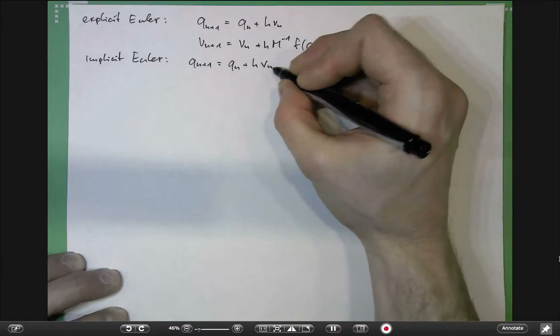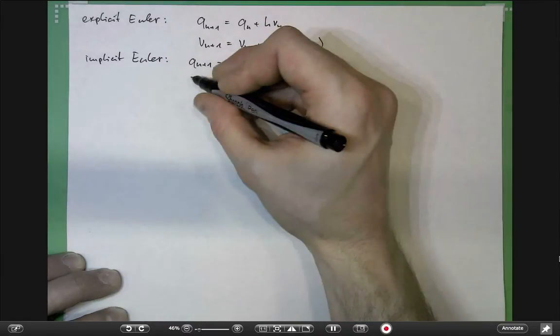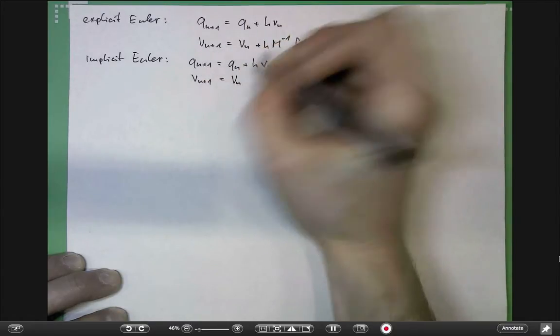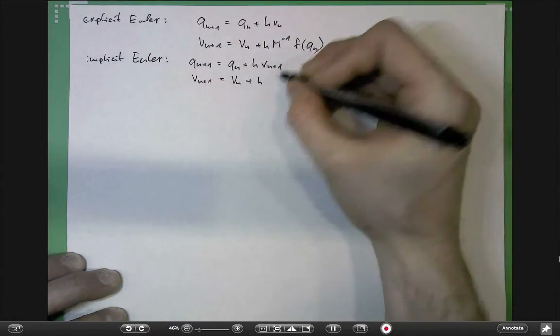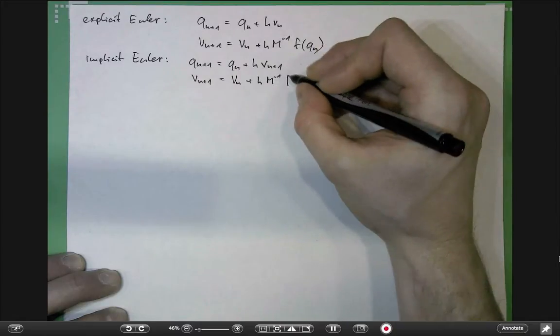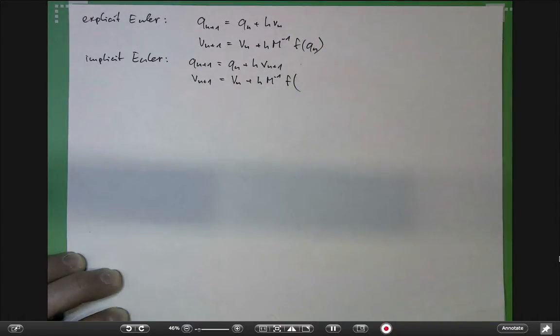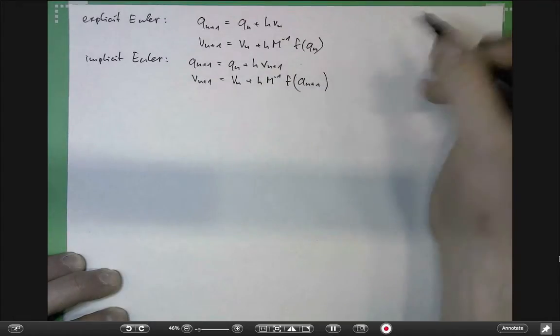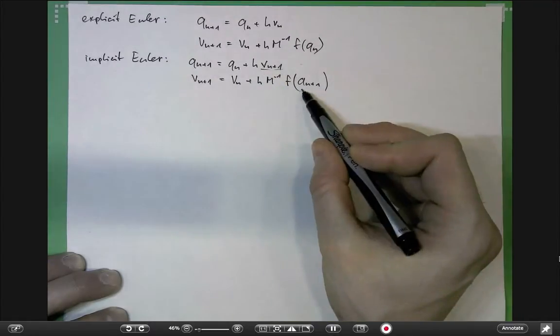Vn plus 1. And Vn plus 1 is Vn plus h M inverse F from exactly Qn plus 1. So this really is the only difference, right?